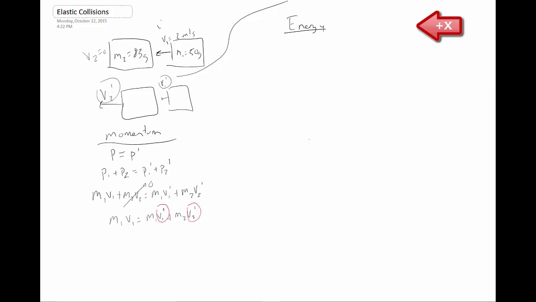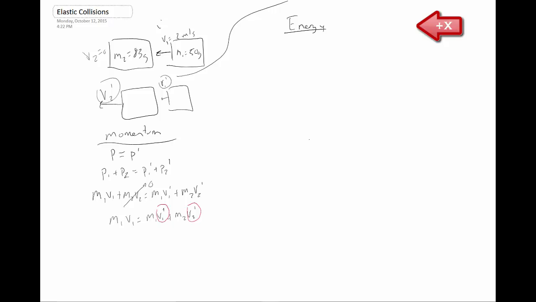That's not necessarily true in this case, but it turns out to be a pretty good assumption, and we're just going to use it so we can see how we would actually go about solving this. In general, car crashes are very inelastic. A lot of energy is put into bending the metal, and lots of heat is released. So that's not actually the case in normal car crashes. It turns out for these little matchbox cars, which don't bend a whole lot, it's roughly true.